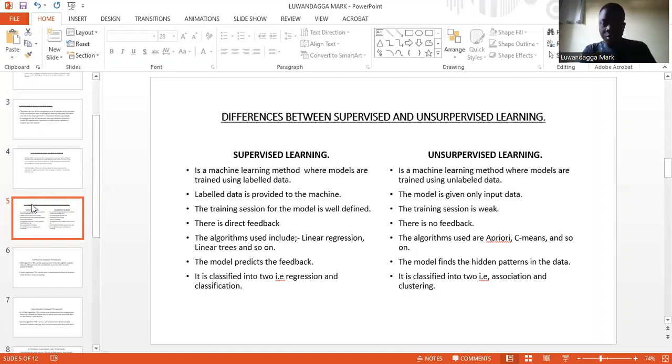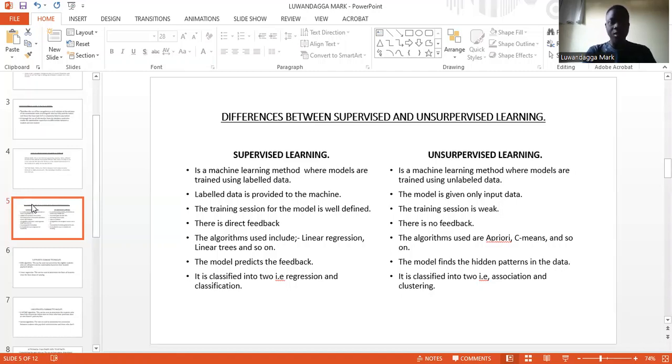In unsupervised learning, models are trained using unlabeled data. For example, in supervised learning, a machine can be trained to say this is a cat, this is a dog. Since it has been trained using labeled data, the output has to be known, unlike in unsupervised learning, where the output can't be known.